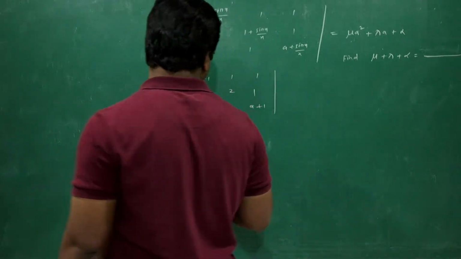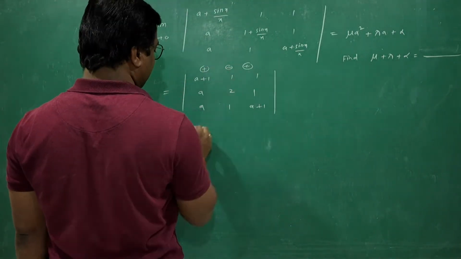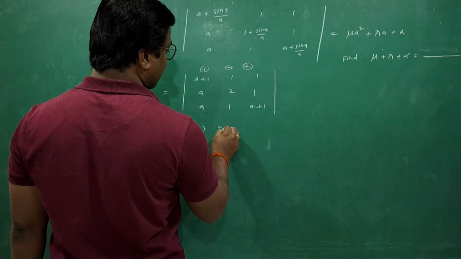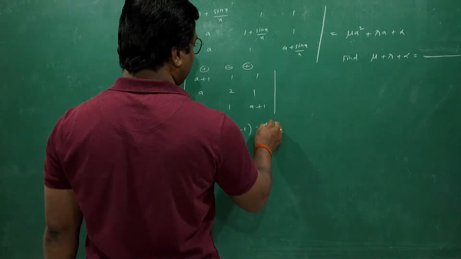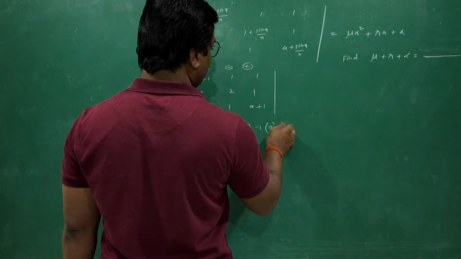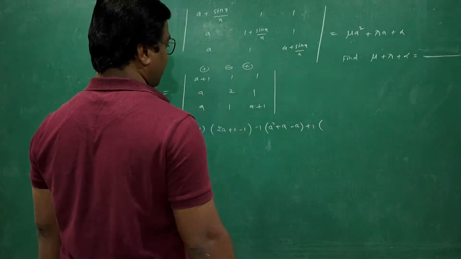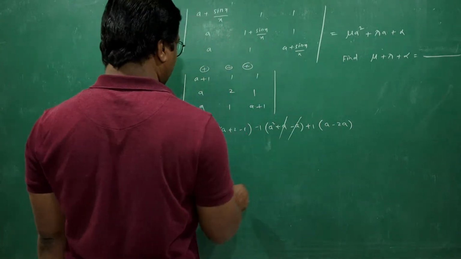Let's do it directly. Plus, minus, plus: a plus 1 multiplied by the cross multiplication, 2a plus 2 minus 1. Next, minus 1 multiplied by a into a plus 1, a square plus a minus a. Next, 1 multiplied by a minus 2a. These two get cancelled.